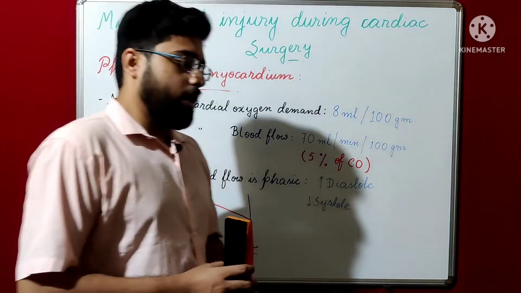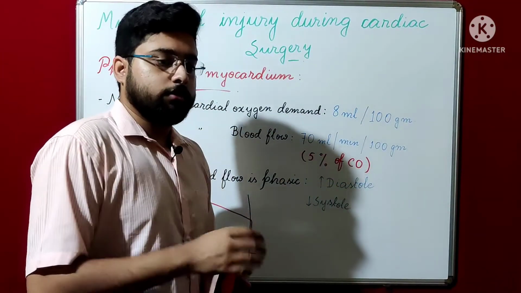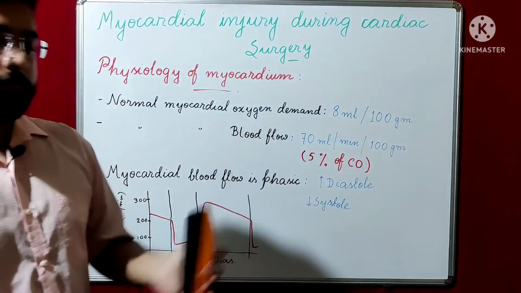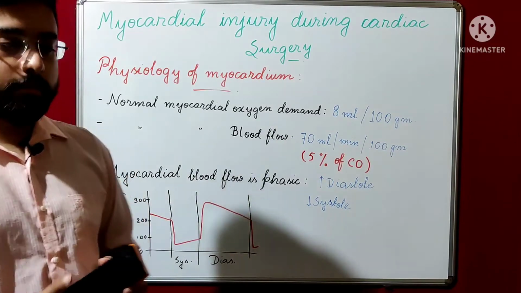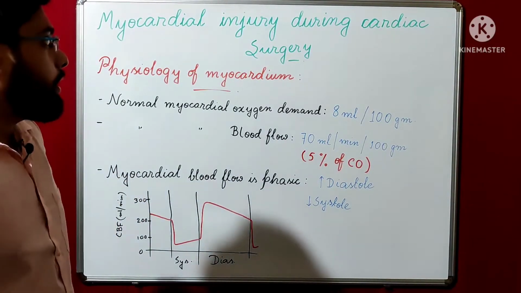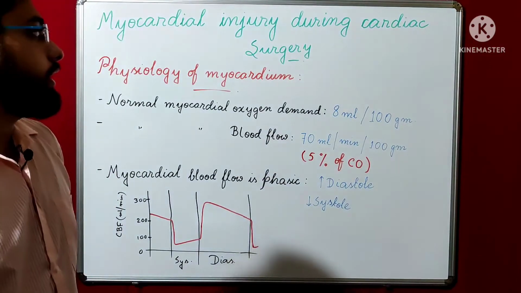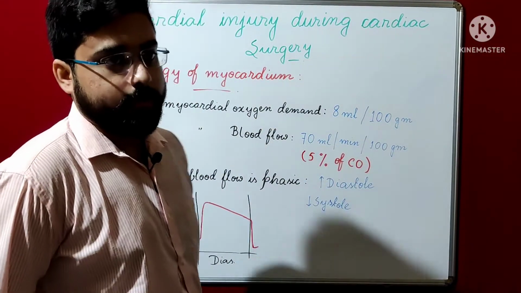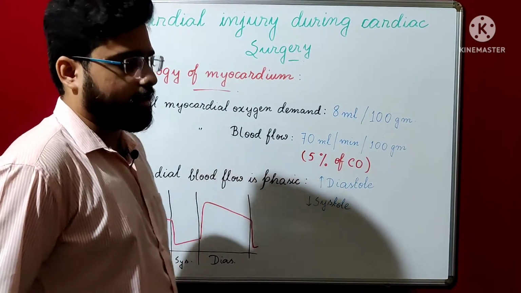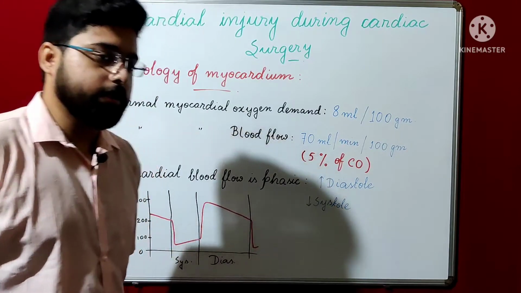This is our target, and thus we will progress in our next sessions. You all know that under myocardial protection strategies there will be cardioplegia, hypothermia, and a lot of other interesting and important topics as well.